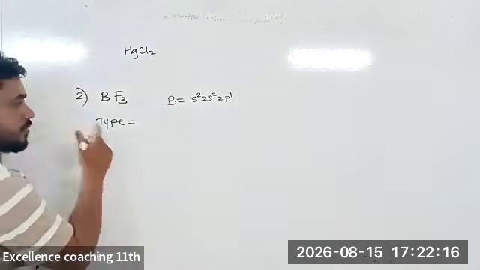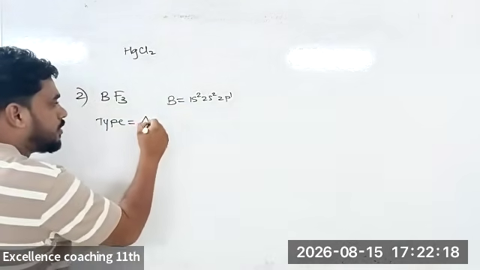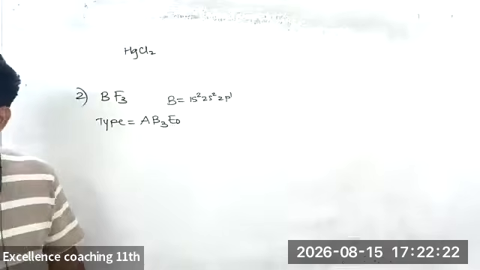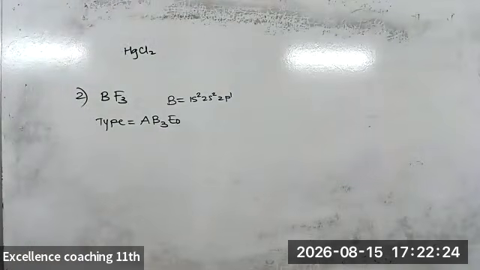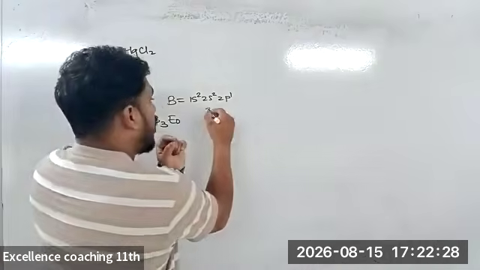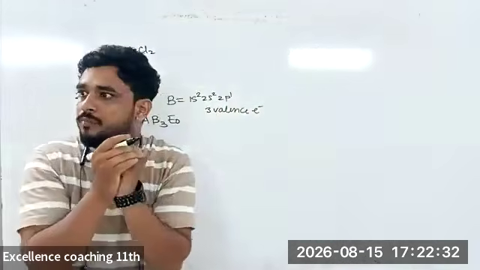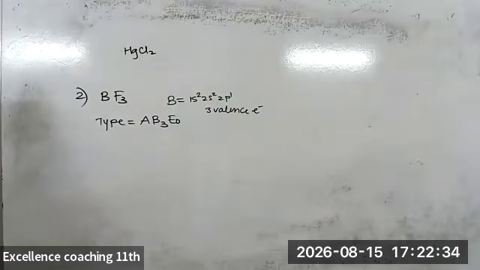AB3E0. E will be 0. There will be no lone pair, because all three valence electrons will be used for bonding with fluorine.